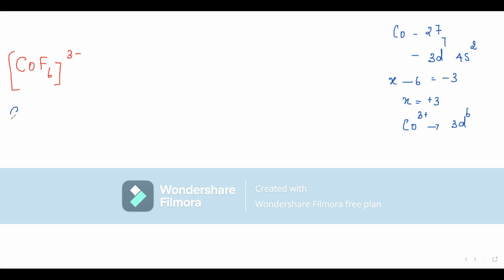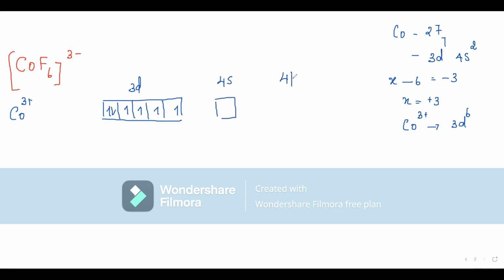So straight away, let me write Co3+, that is the 3d orbitals. 6 electrons are there. 4s is now empty. I'm keeping the 4p ready. If I need it, I will use it.